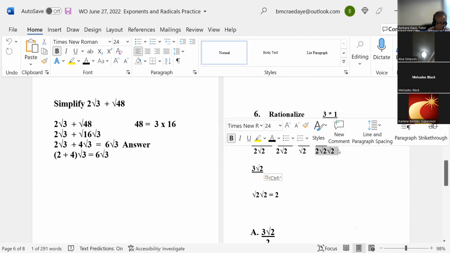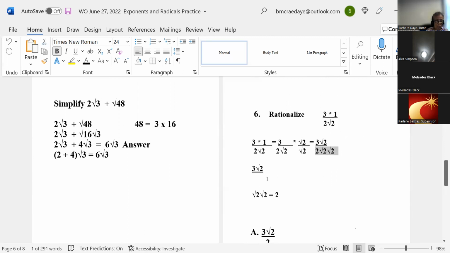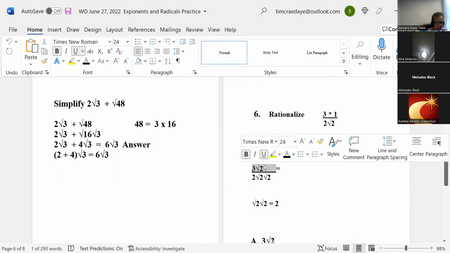What I'm asking you is, what is 2 times square root of 2 times square root of 2? What is that equal to? Mercedes, you got it? No. Okay, 3 times square root of 2 stays the same. That's in the numerator. Let's put that there.